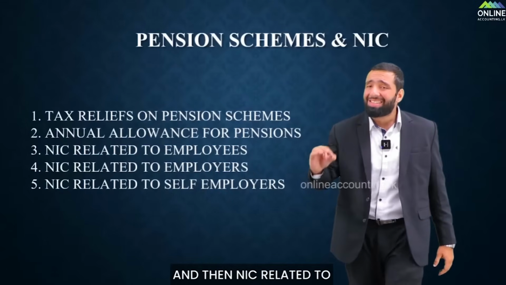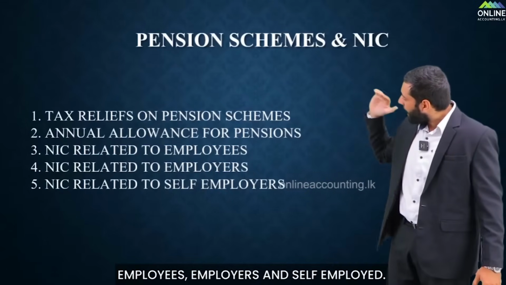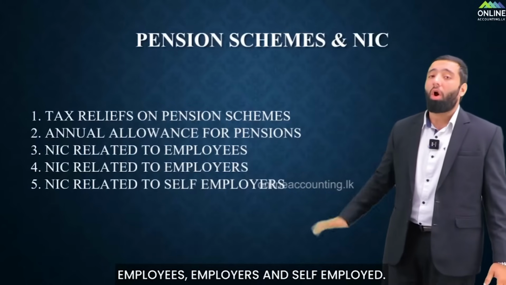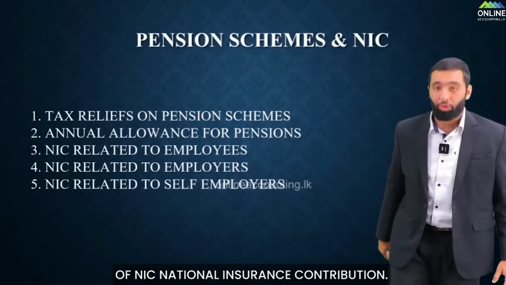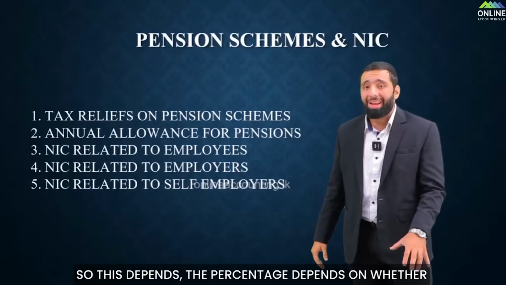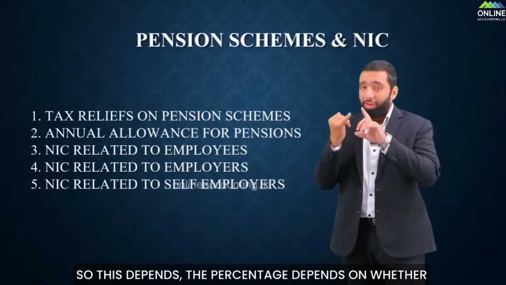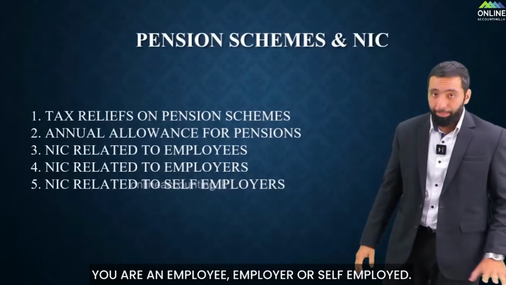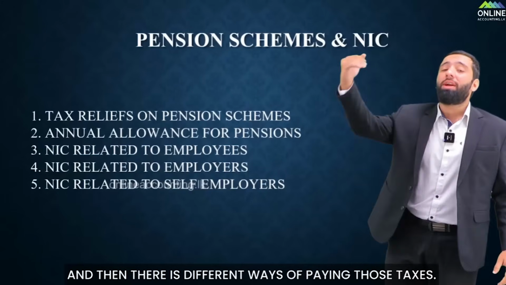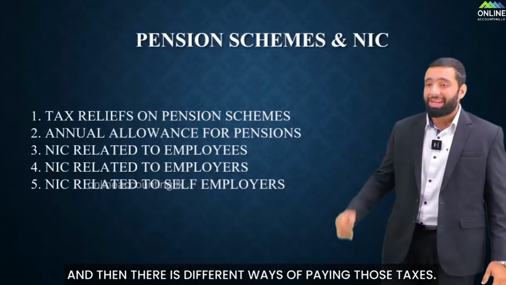And then NIC related to employees, employers, and self-employed. So there are 3 types of NIC: national insurance contribution. The percentage depends on whether you are an employee, employer, or self-employed. And then there are different ways of paying those taxes.